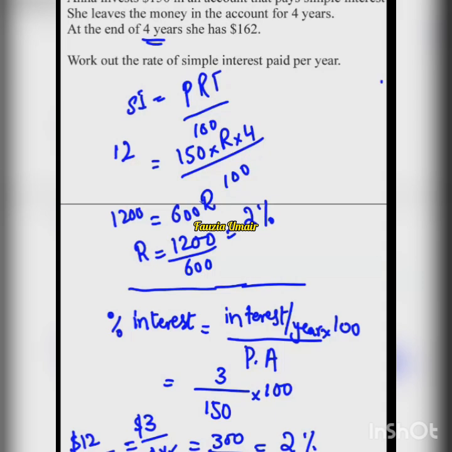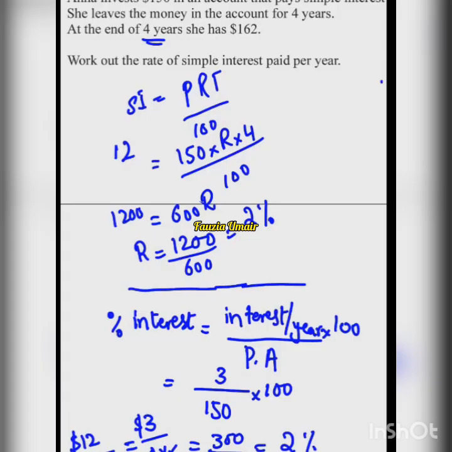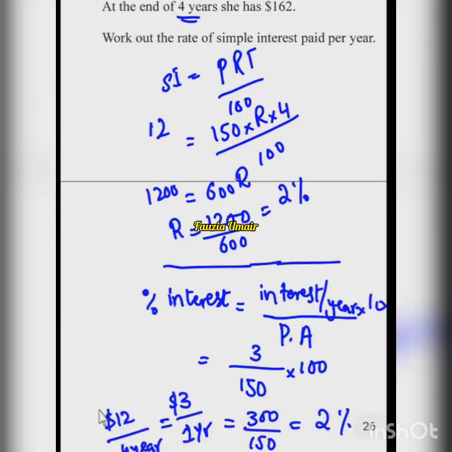Miss, why did you write 3 in the interest part, in the interest percentage, when we have to find out that? Why did you write 3? Ji bete, I'm going to tell you, because the total interest she's getting in 4 years is $12. Okay, I have written it here. Can you see this part?